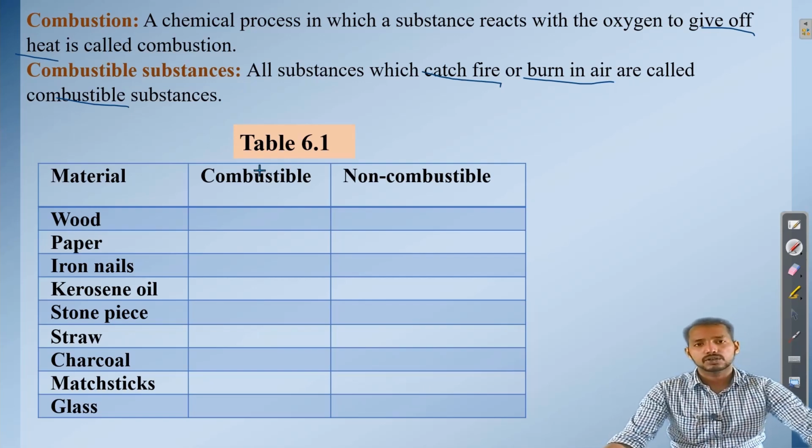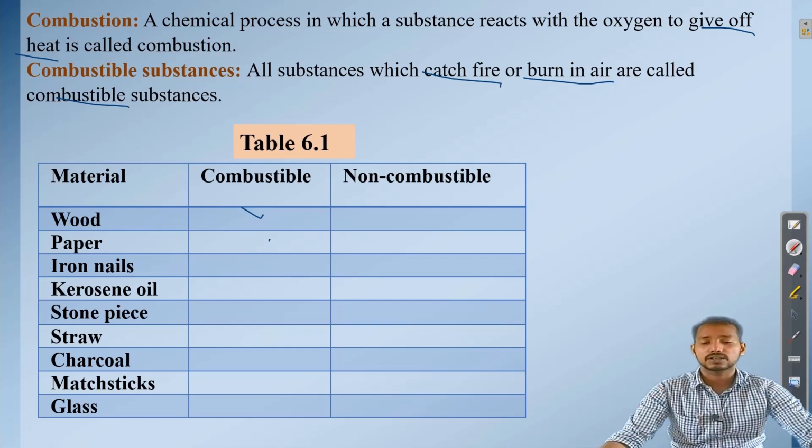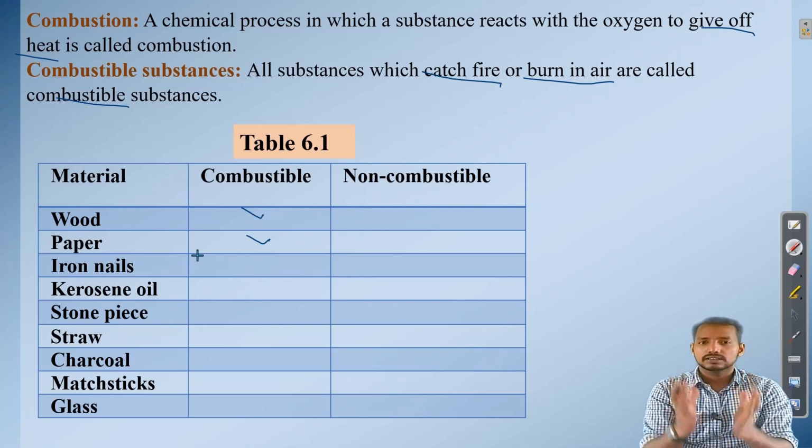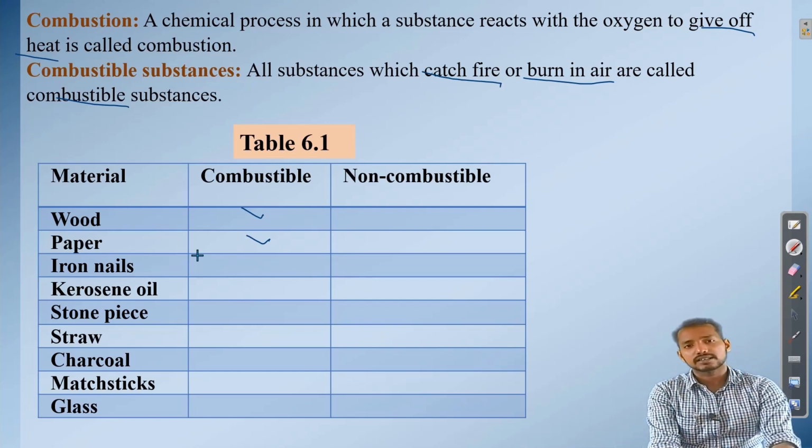So wood, you already know that wood is highly combustible because it can be burned easily. And paper is also combustible because we can burn paper. What can we say about the combustibility of iron nails?